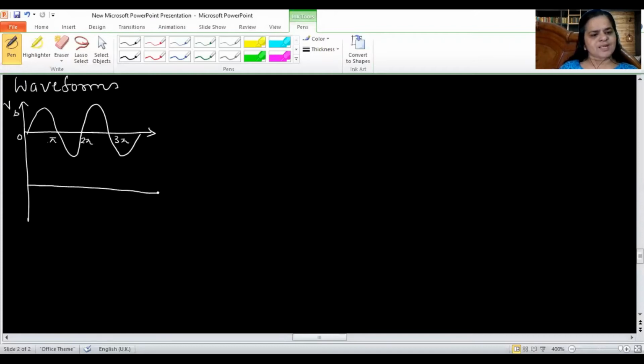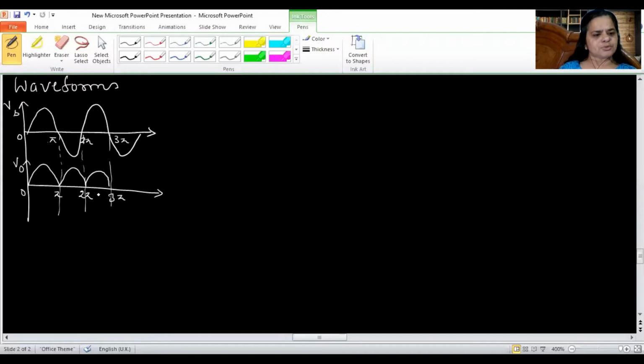Now my dear friends, if I draw the load voltage waveform, that is the output voltage waveform, with the help of a full wave rectifier, which I represent by V naught, that will be a rectified output, and we will get such kind of output. Between 0 to pi, we get the positive half cycle.